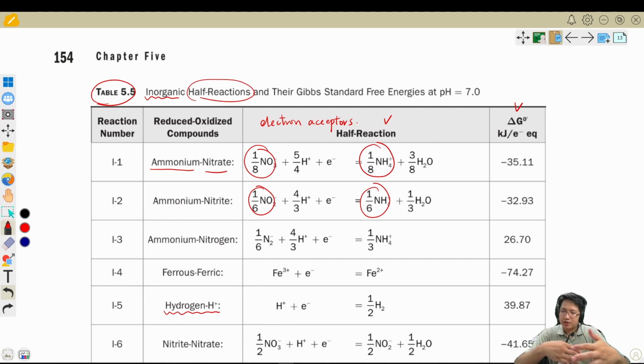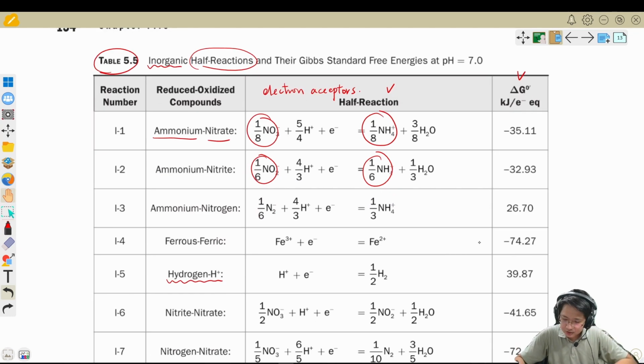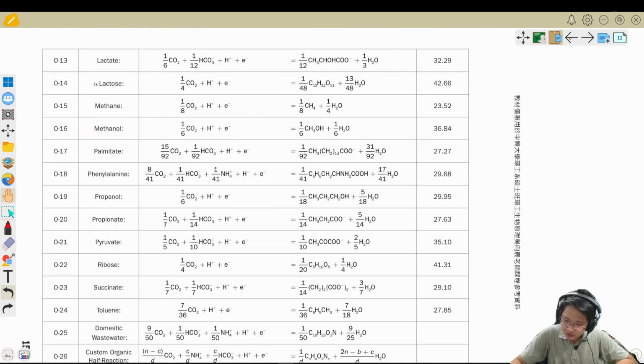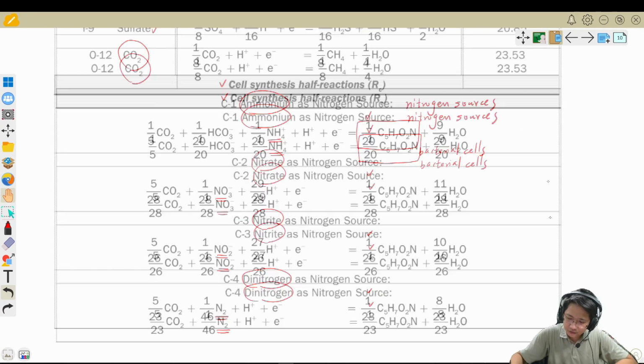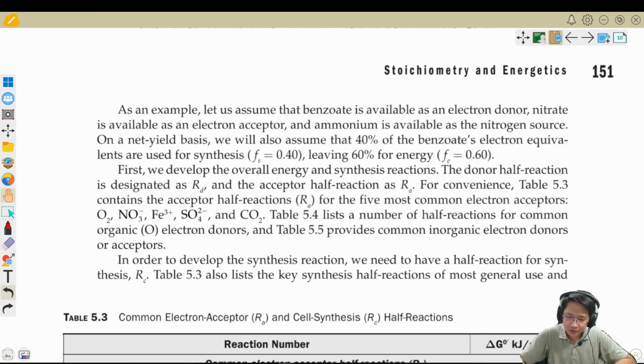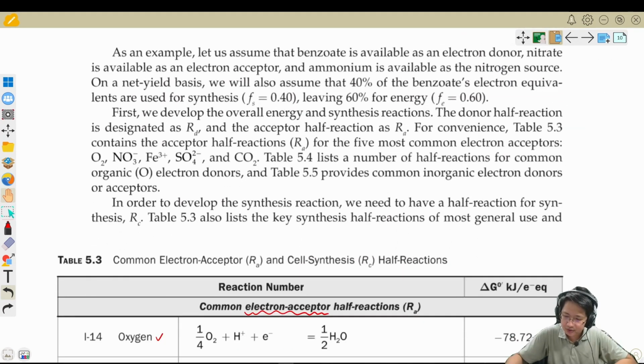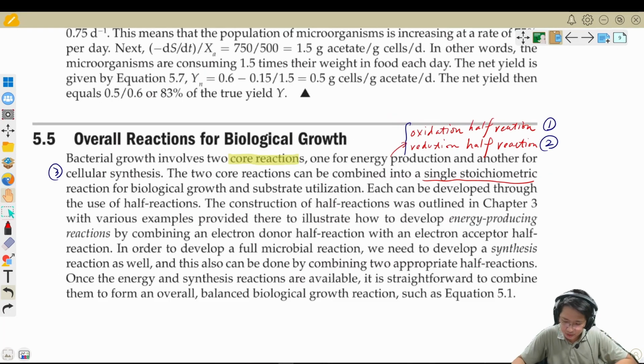Combine them together and you can merge them into one reaction, because all they need is one electron conversion. Okay, so we can move back to the content of how to balance those chemical reactions.